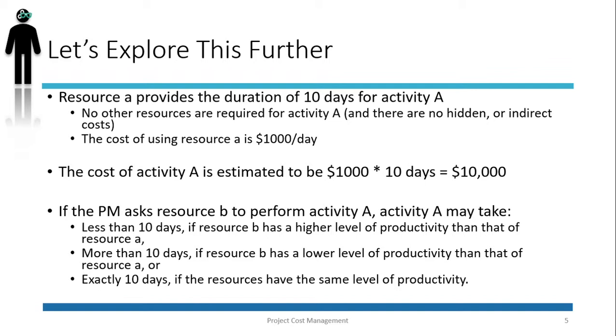So we see that there's only one scenario in which the PM's estimation will be accurate. There is actually only a 1 in 3 chance, or 33% probability, that the time estimate done by the PM is accurate.